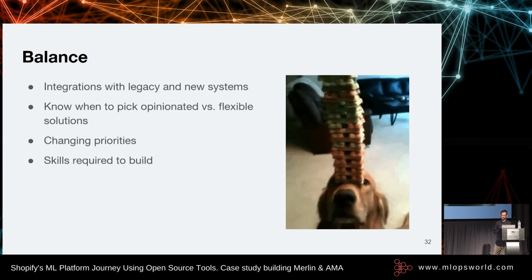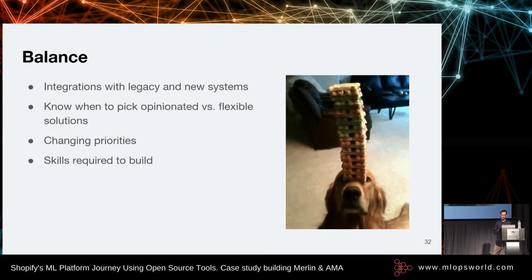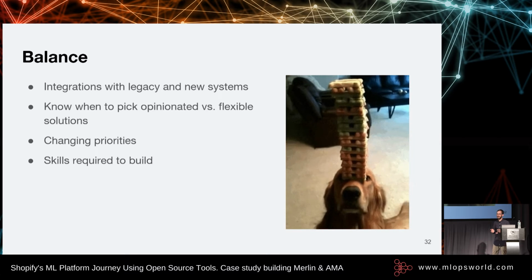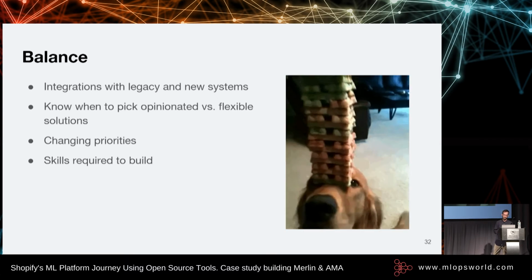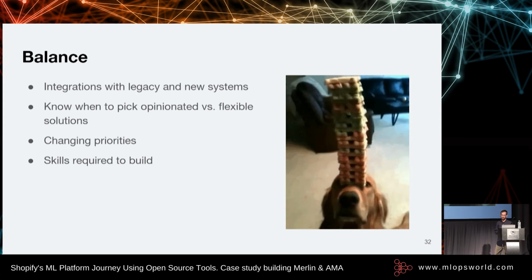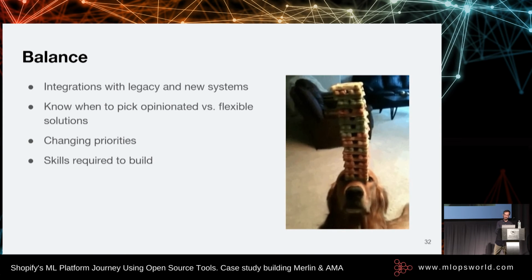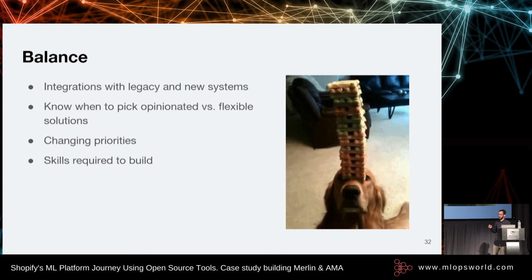And during the build, there are a bunch of skills that are required across the stack, from DevOps to back-end engineering to front-end engineering and user experience folks. So it's important to keep a good balance of these skill sets in the team and also outside of it.